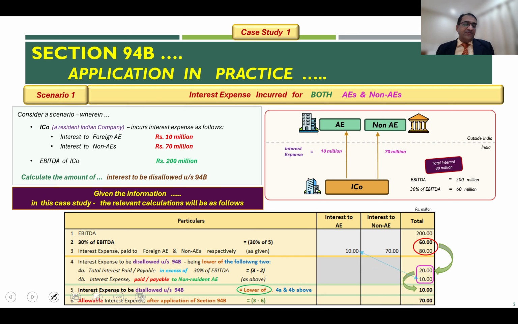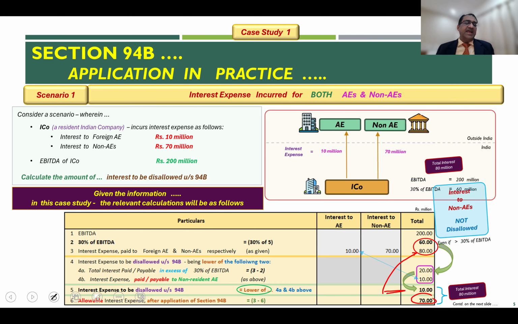And the lower of these two numbers is 10. So 10 million of interest would be disallowed in this case. So what will be allowed to you? Total of 80 minus 10, which is disallowed. So in all, what you will be allowed is 70 million.